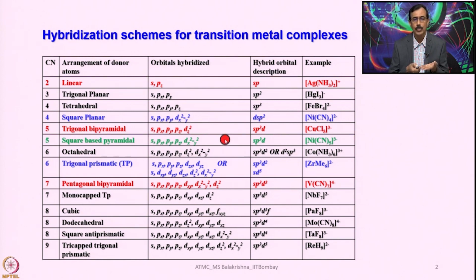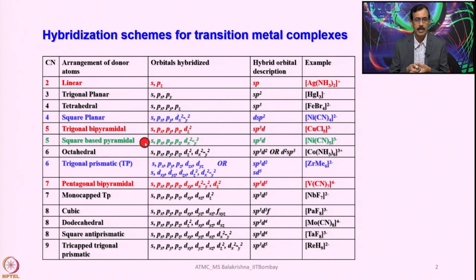So, we need to use orbitals that are oriented in or along the plane. That is the reason we use here dx square minus y square. So, the hybridization is the same, but the d orbitals are different in these two cases, that one should remember.